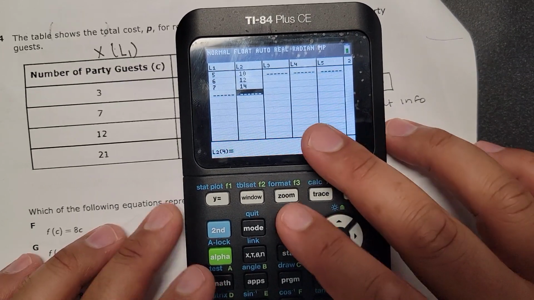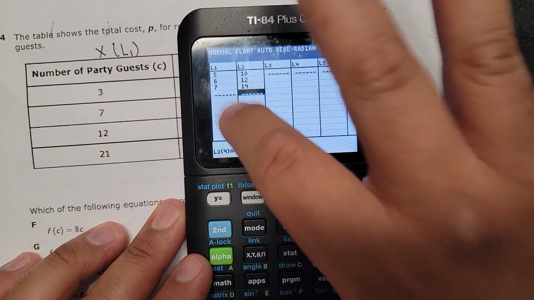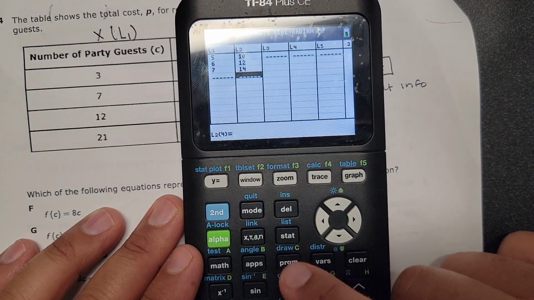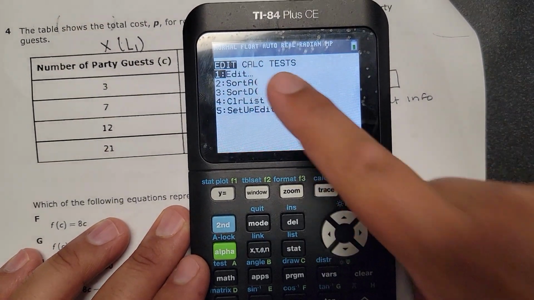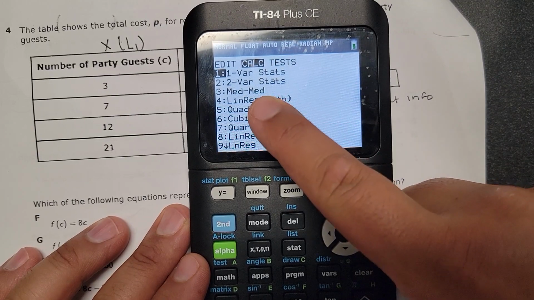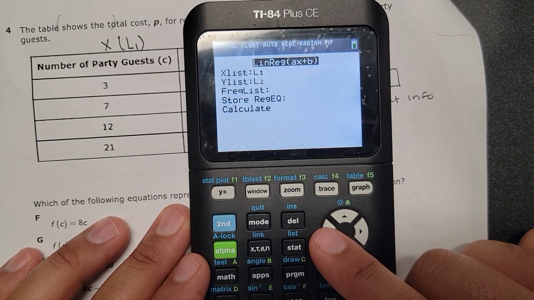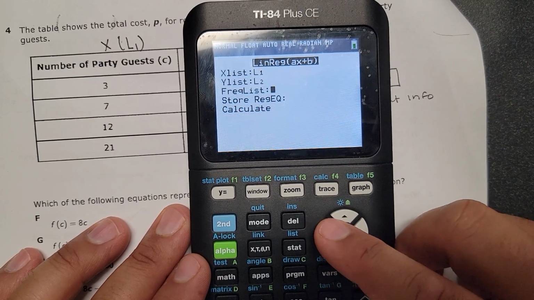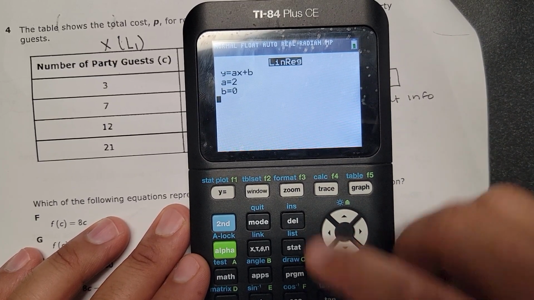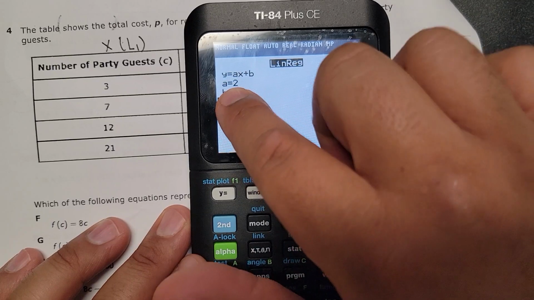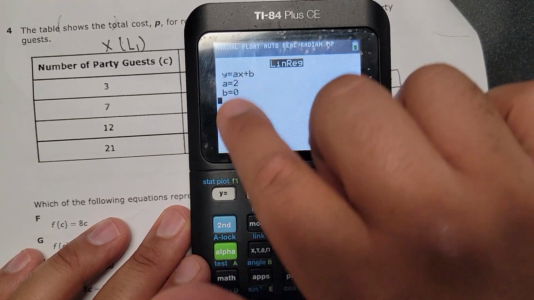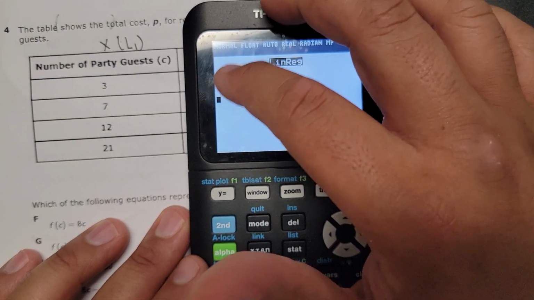I'm just putting in the number and enter, okay? Once you have your list, you go back to stat. And you go where it says calculate to the right side. And we're only doing number 4 for the first semester. And then enter 5 times. All right, and then your answer is going to be this one. The A is going to be right here, the 2, and this will be 0.